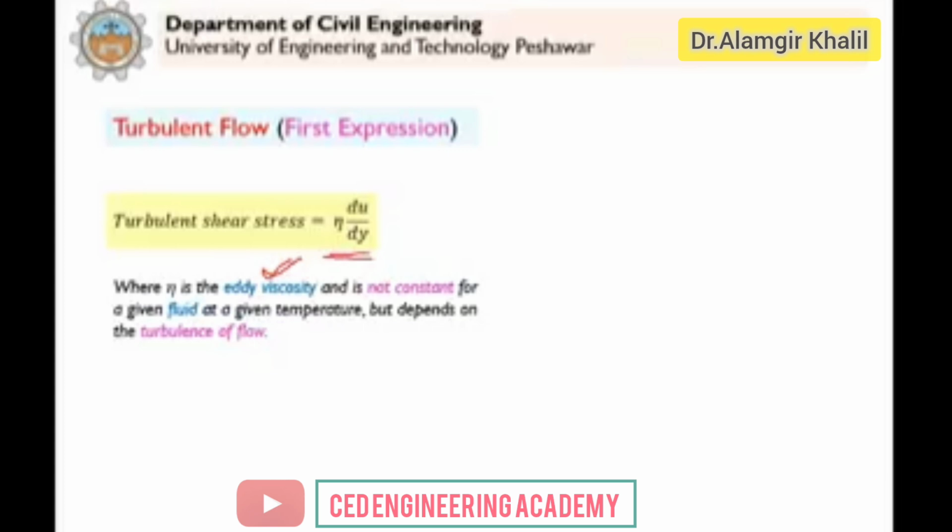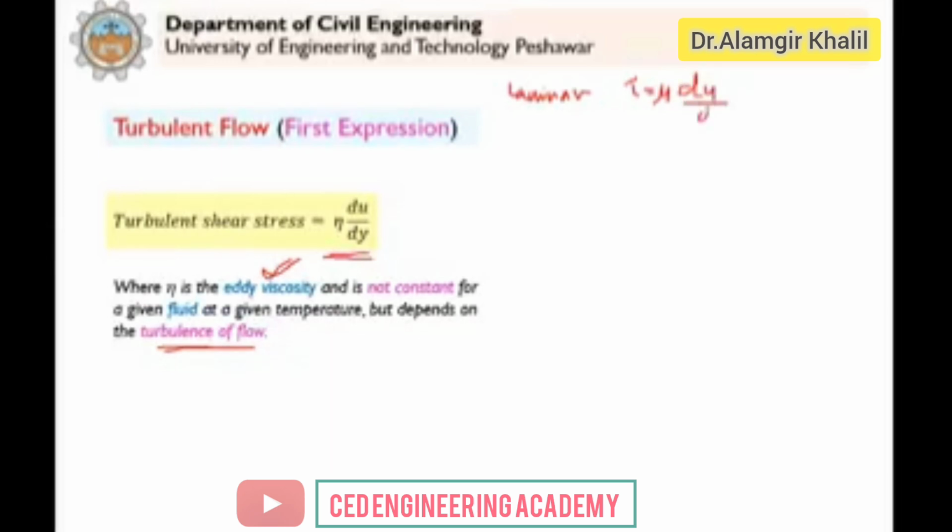This is not a constant for a given fluid, but it depends on the turbulence of flow. Just like we have mu for laminar shear stress, when the flow is laminar, we studied that tau is equal to mu into du by dy.